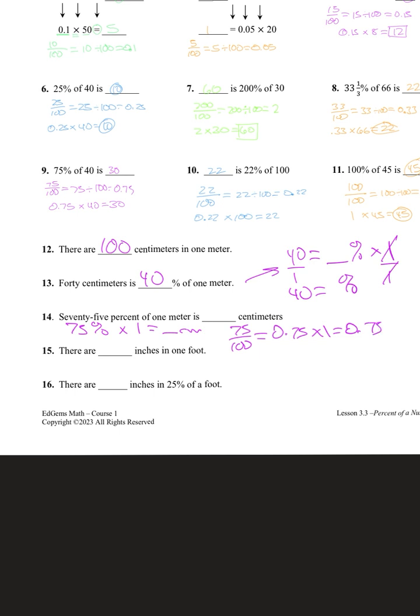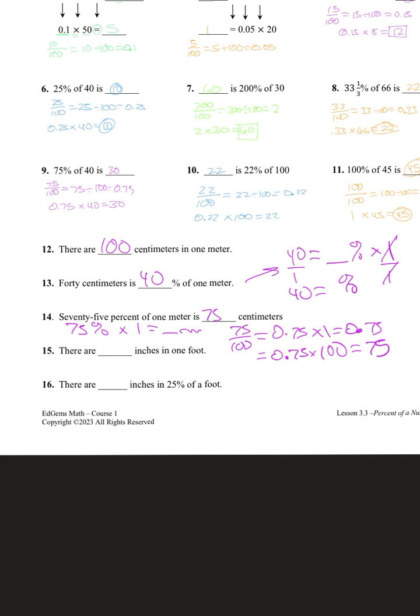Now, to change 0.75 into centimeters, which is what we're looking for, we're going to take 0.75 and multiply it by 100, because there's 100 centimeters in 1 meter. That will give us the amount of centimeters, which is 75. So 75% of 1 meter is 75 centimeters.